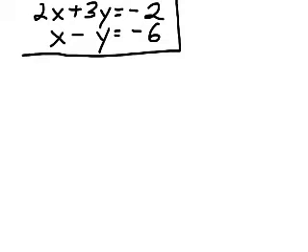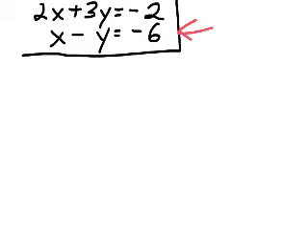So we've got to change one of the equations. In this case, the easiest thing to change is the second equation, because it's just x minus y. And we could either multiply them both by 3, and then the 3y and the -3y we would get will cancel out, or we can multiply them both by -2, in which case the 2x and the -2x will cancel.